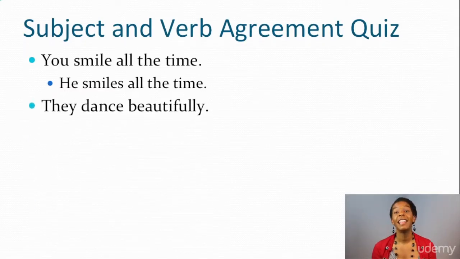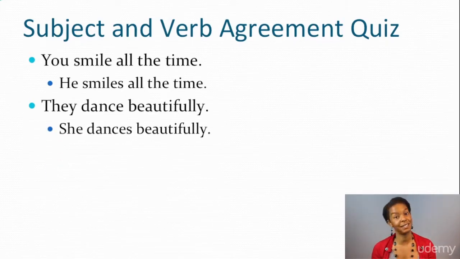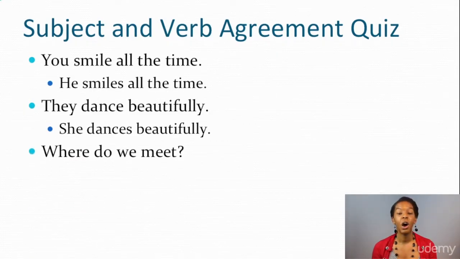Our next one, they dance beautifully. An example of changing that into third person singular, that would be, she dances beautifully. Our next one, where do we meet?